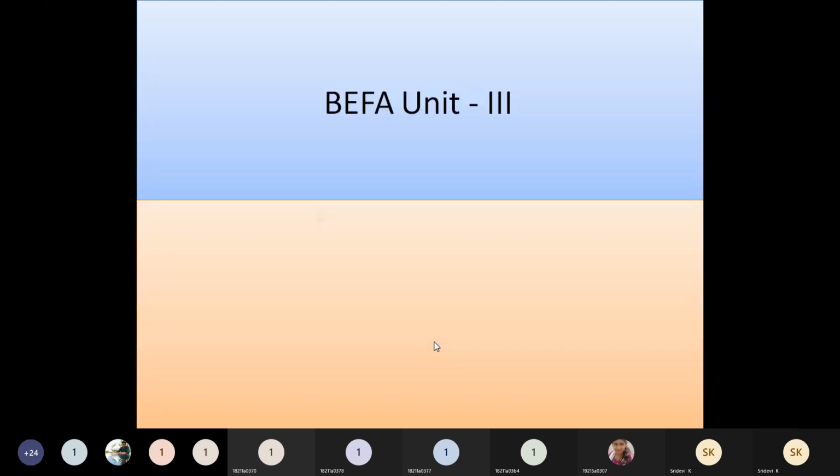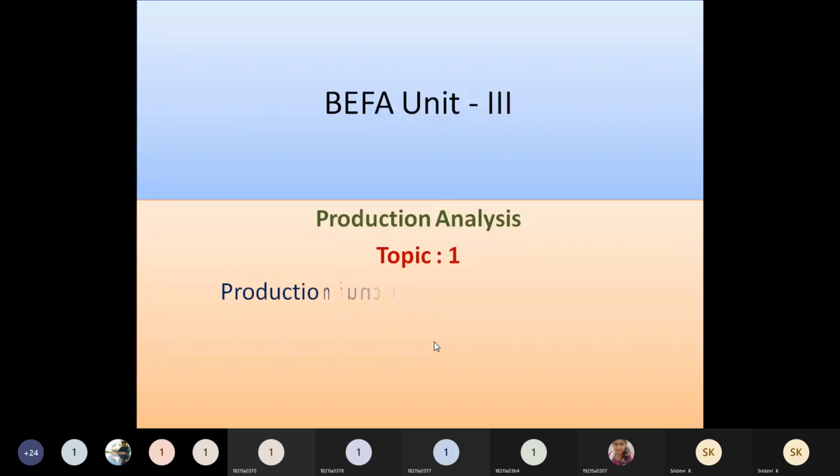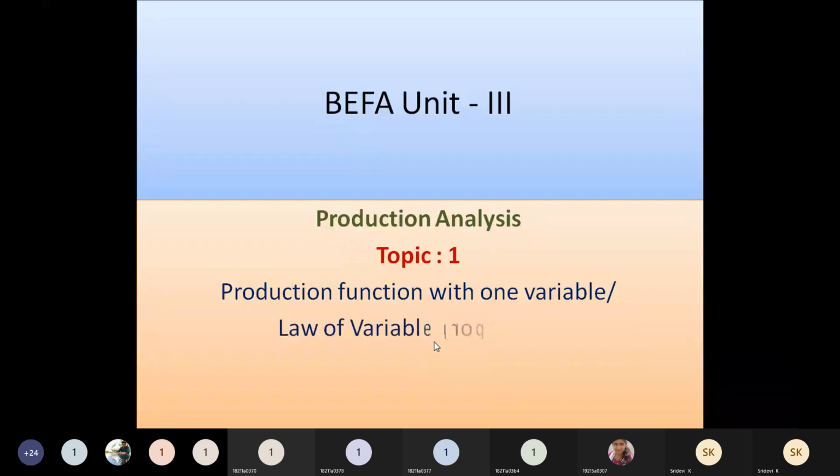So in production analysis, the first topic we are going to discuss is production function with one variable. This is also called what? Law of variable proportions. Okay. So how is this going to be applied? In this law of variable proportions, only one input we are going to bring change.